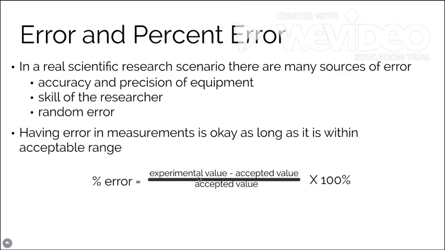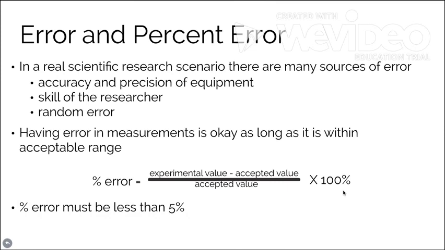You take your experimental value, subtract the accepted value, and divide that difference by the accepted value. Then that's going to give you a small decimal answer. You just multiply this by 100%, so you can get it in a percent form, and this gets you the percent error for whatever experiment you ran. Now, generally speaking, you want to keep your percent error to be less than 5% for it to be acceptable.